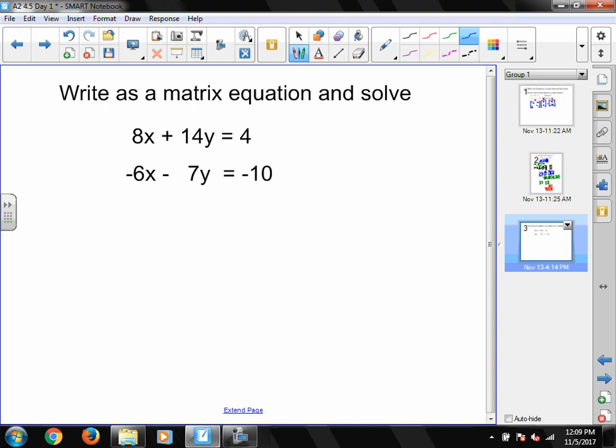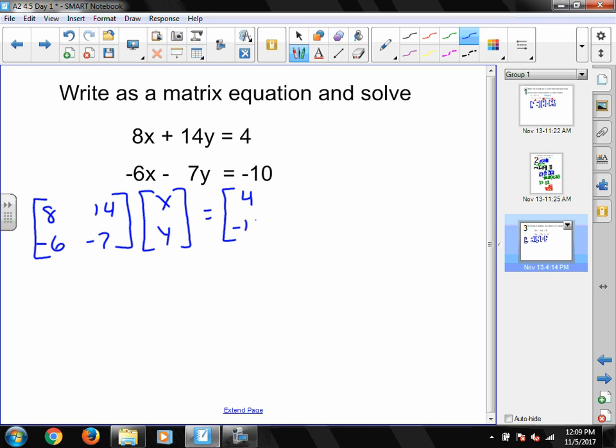So set up our coefficient matrix: 8, 14, negative 6, negative 7 times xy is equal to 4, negative 10. Again, my coefficient matrix is A. What it's equal to is B. And I'm trying to solve for X and Y.